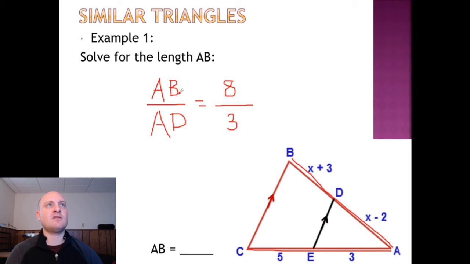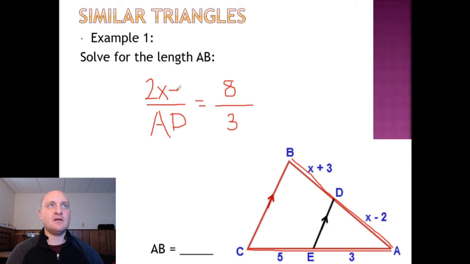Now I do have to go back to AB and AD here because I should be using the x variables in this expression. So for AB, I am using the x plus 3 and x minus 2, which overall will be 2x plus 1.